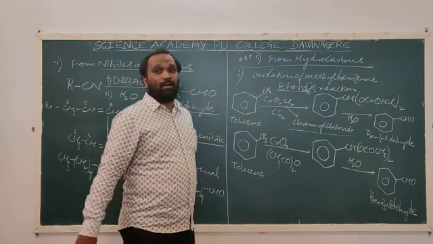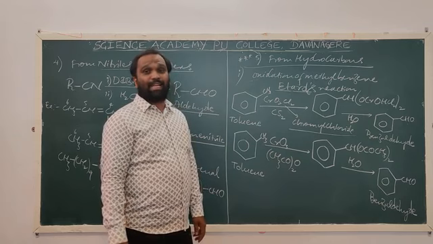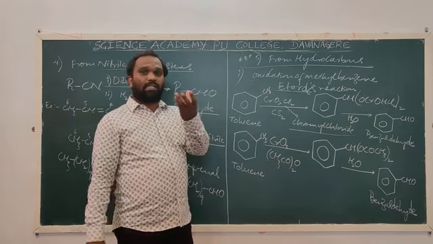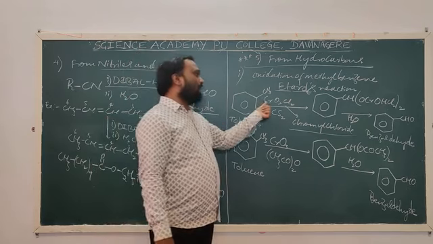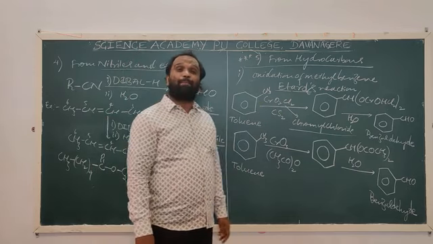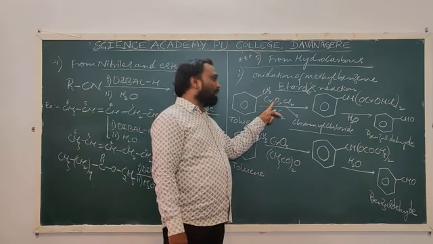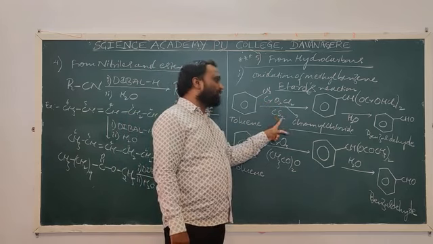Later on, concentrated sulfuric acid is added. You get orange red vapors. They are the vapors of chromyl chloride. So the formula of chromyl chloride is CrO2Cl2 in CS2.